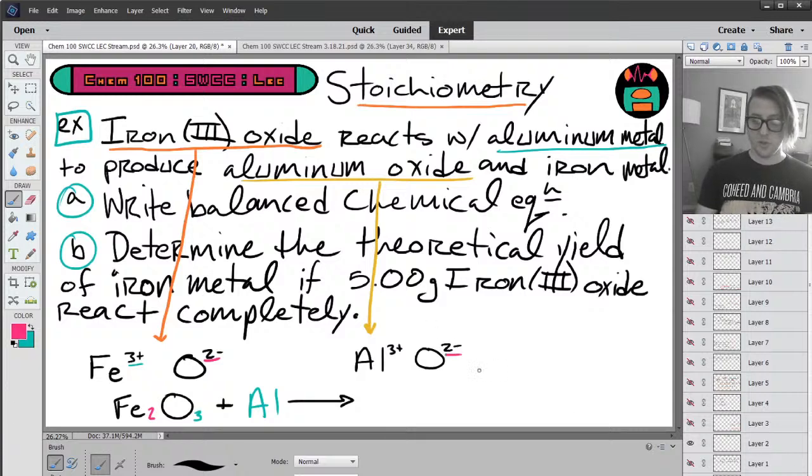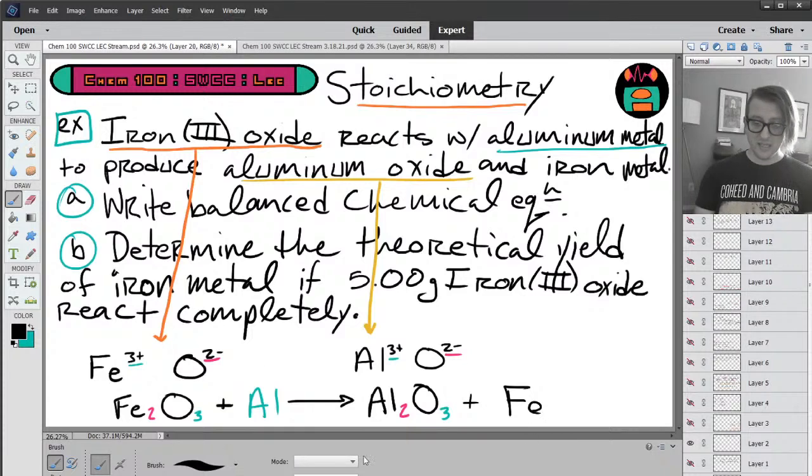We use the same trick as for iron 3 oxide: our cation gets a subscript of 2, and our anion takes the cationic subscript of 3. So there's aluminum oxide, Al2O3, plus iron metal, which is just Fe.